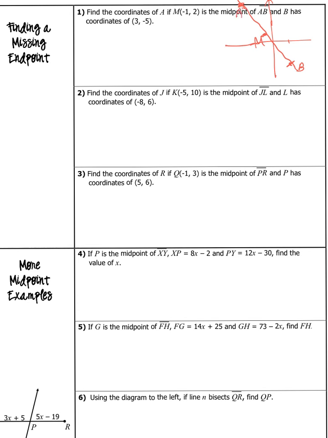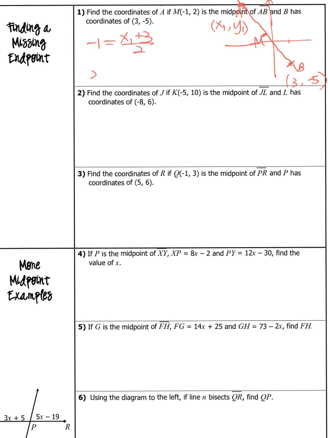So let's see how I can do that. I know the midpoint is -1. And so if I call this x1, y1, this x2, y2 is 3 and -5. So if I have x1 plus 3 divided by 2, I should come up with -1.